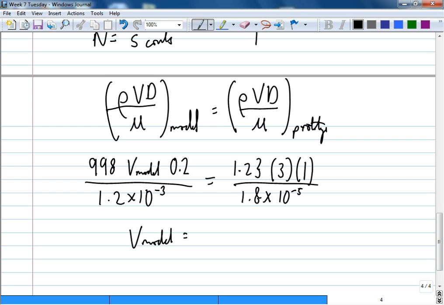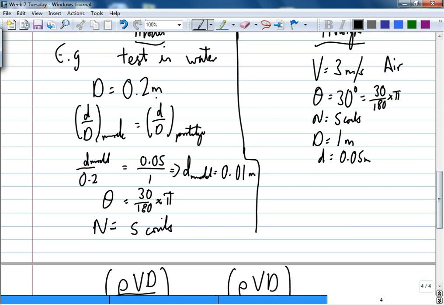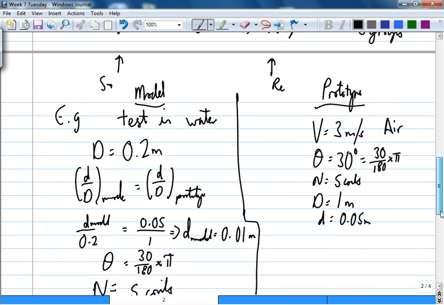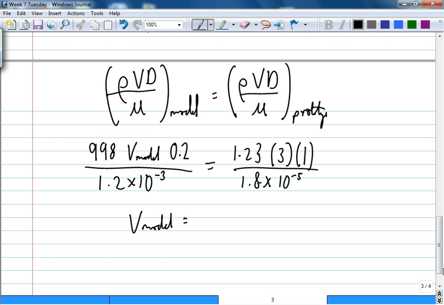By doing what I've just done, I set up my model so that, given that the model diameter is 0.2 and it is tested in water, I can set all the other parameters so that all the input parameters are matching. What's the velocity of the model? 1.23 meters per second. Is that correct?